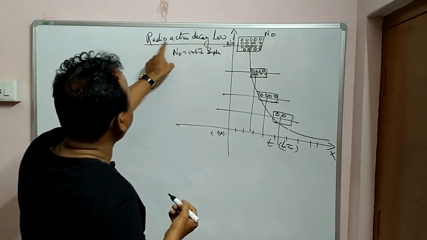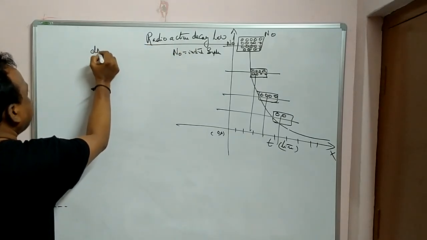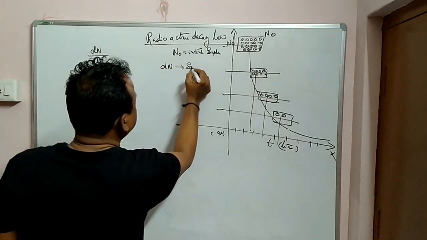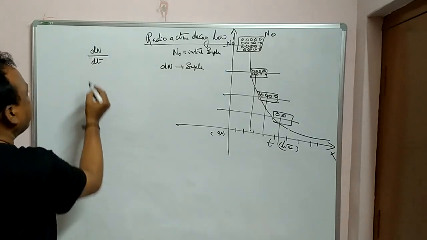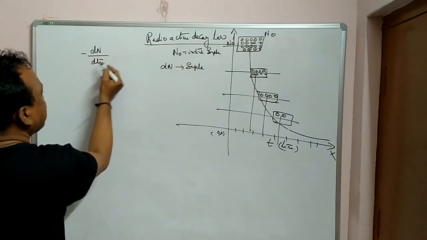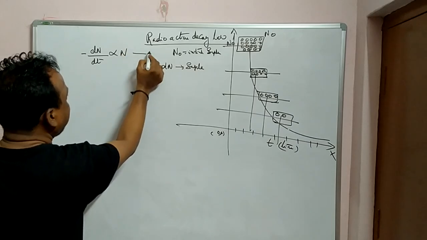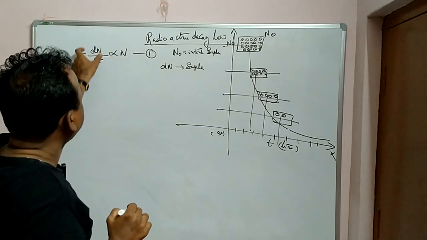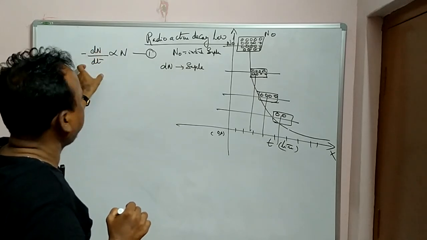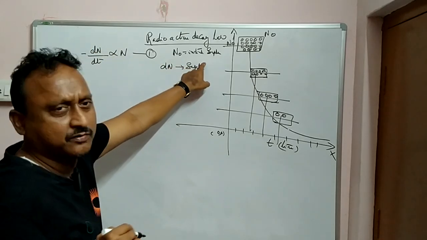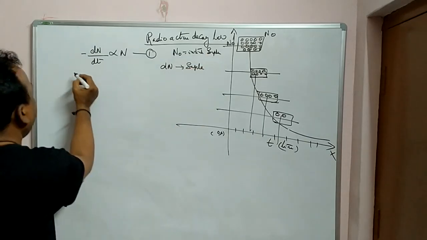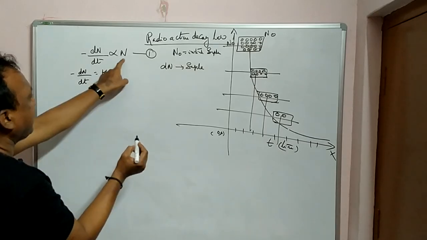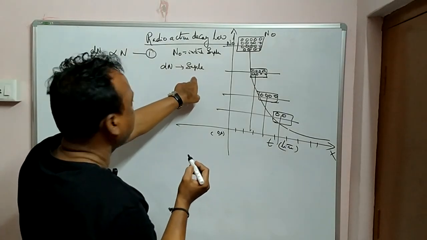Now what does the radioactive decay law say? The decay of the radioactive sample with respect to time is directly proportional to the sample. That means the amount of decay with respect to time, minus dN by dt, is directly proportional to the sample concentration, or minus dN by dt is equal to some k into N, where N is the concentration of the sample.